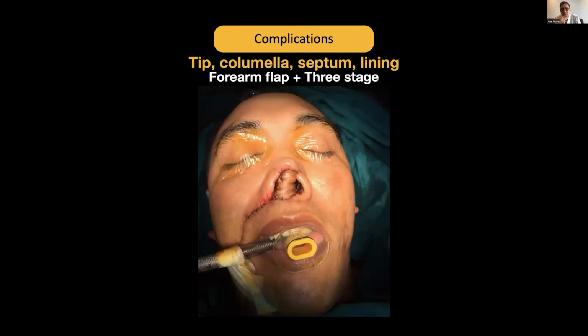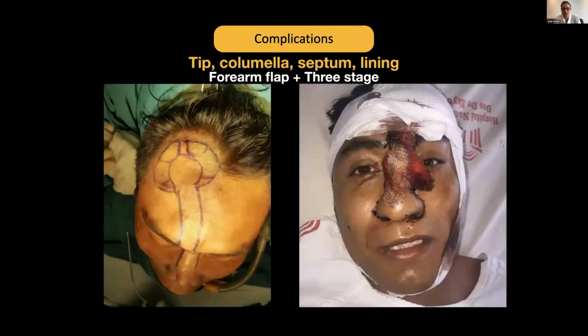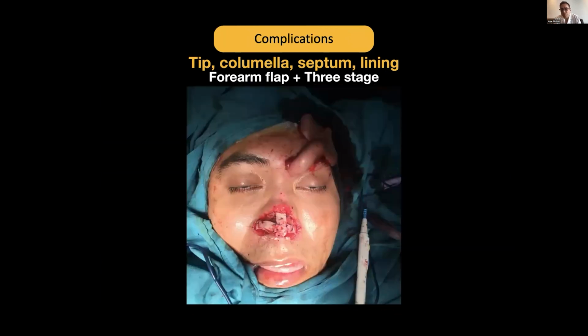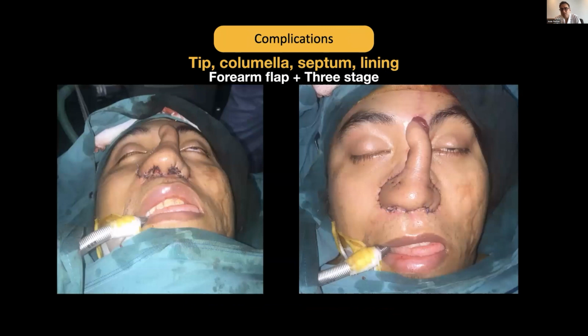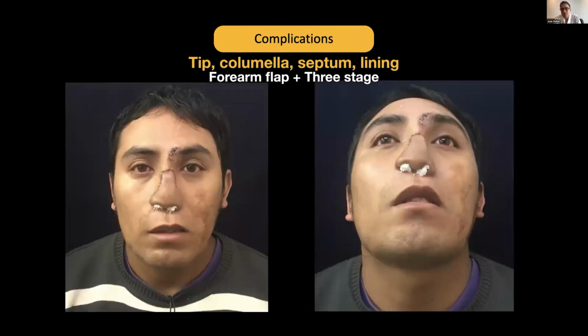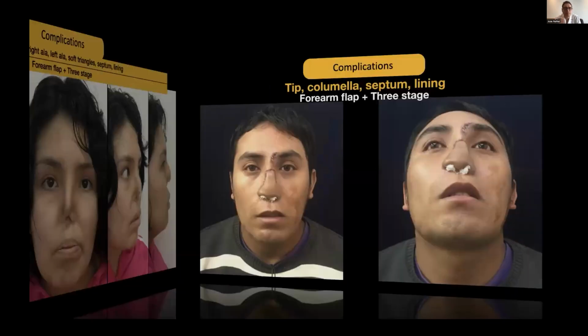This is my job, to do the remodelation 20 days after and reconstruct the septum. And finally, I did a 3-stage forehead flap, the second procedure with the rib grafts, and the first procedure, the second procedure, and the detachment of the flap with this formed nose.